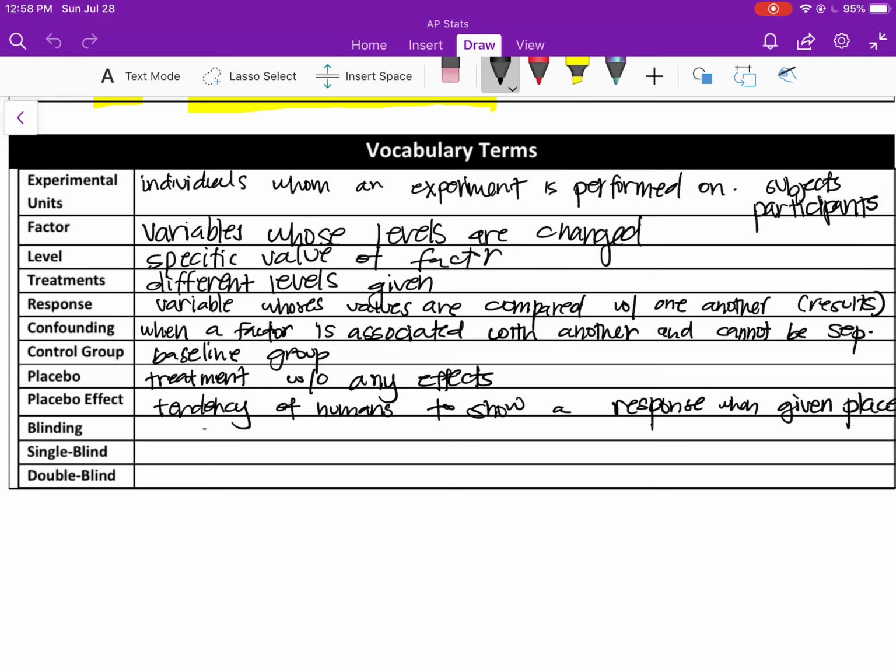Blinding means that an individual doesn't know how subjects were assigned.